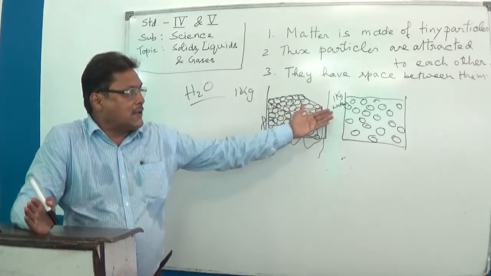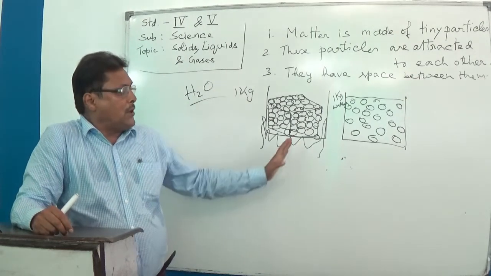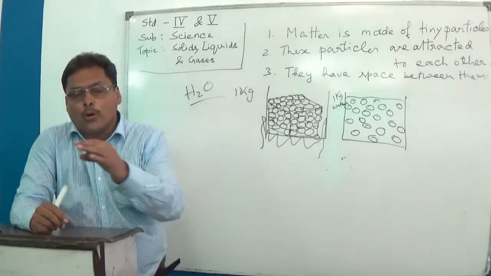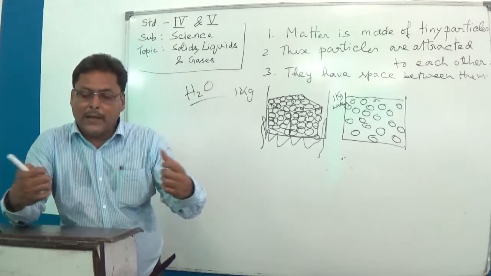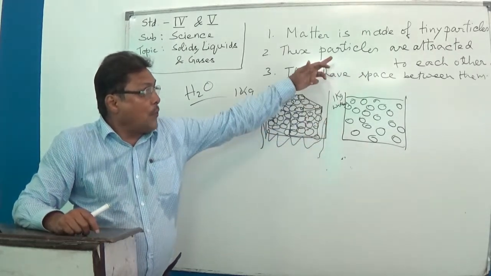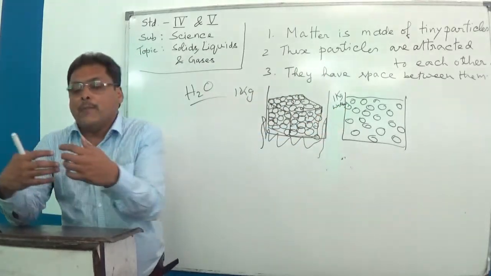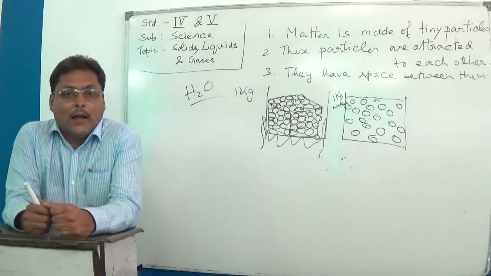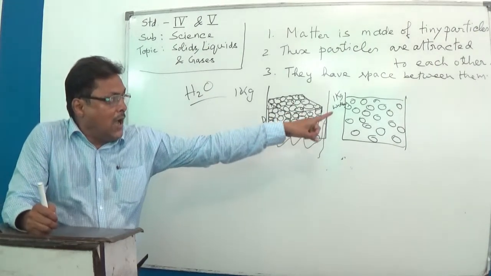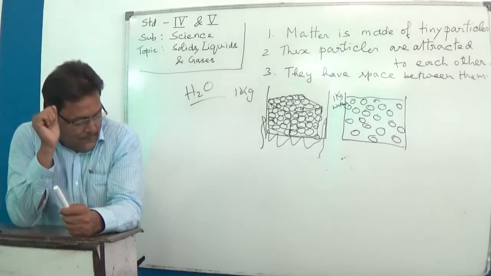But now it has turned into liquid. Why? Because the particles have been given more energy and now they are breaking apart from each other. The force of attraction is less, so the space between them is increasing. Now unless you put them in a vessel, they will move away from each other, right?